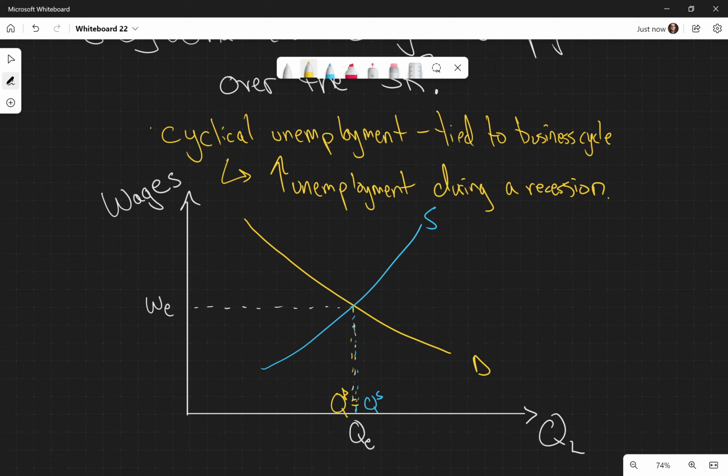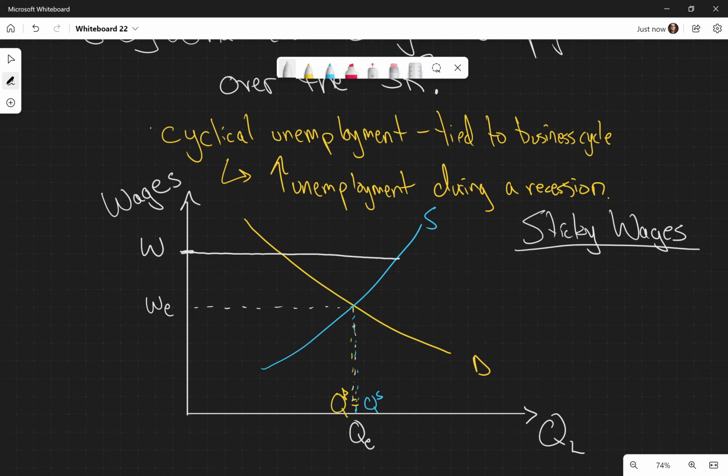Now, what happens is that we have what's called sticky wages. So if the wage is stuck at some value W, then at this particular point, when we reflect this off, at this rate, how much are people going to be supplying?